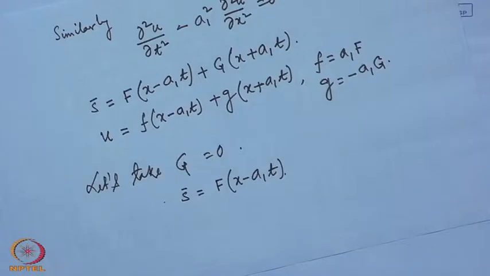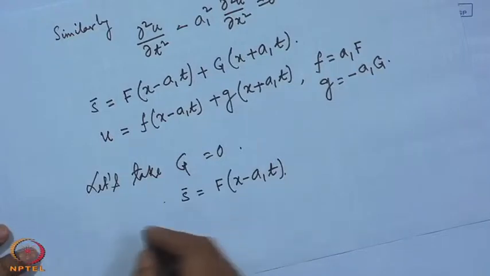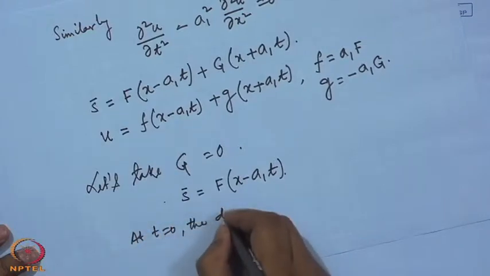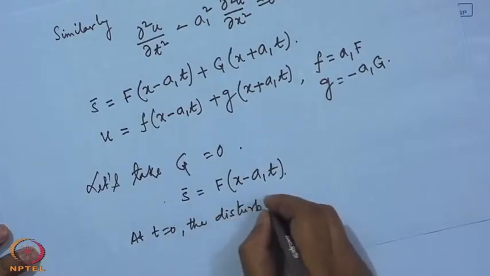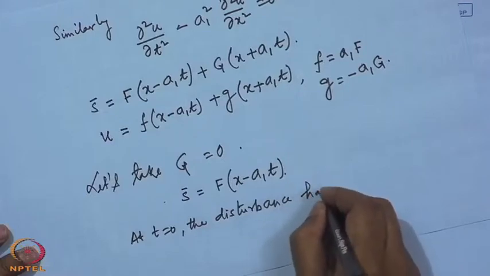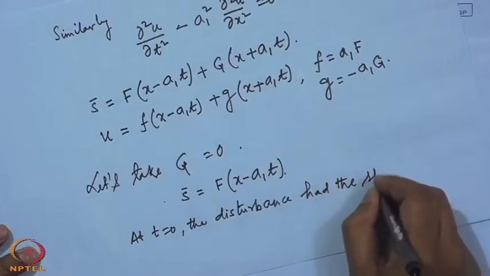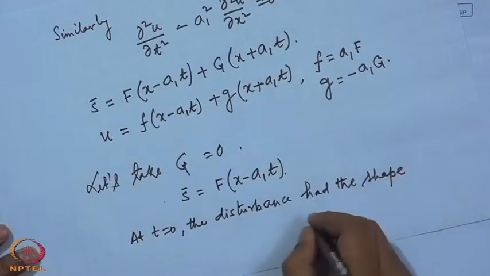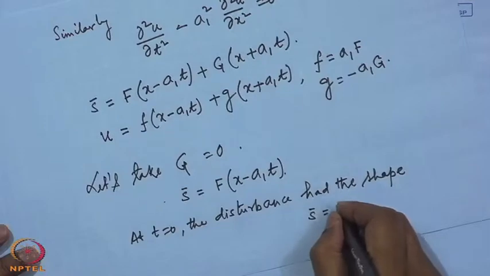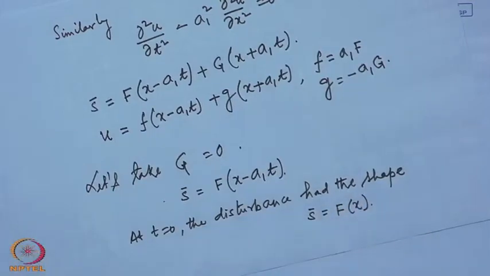This represents a disturbance or wave which at time t equal to 0 had the shape, that is at t equal to 0 the disturbance had the shape, and what we see is that at time t the disturbance has exactly the same shape, but with the corresponding points displaced a distance a 1 t to the right.